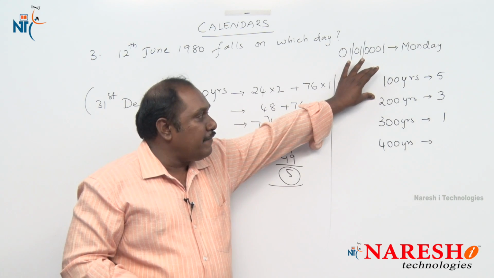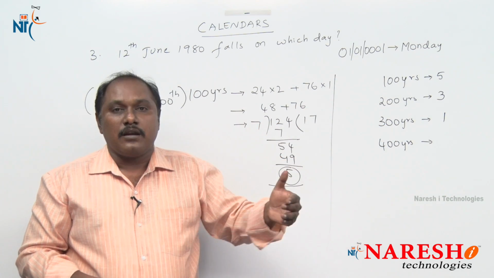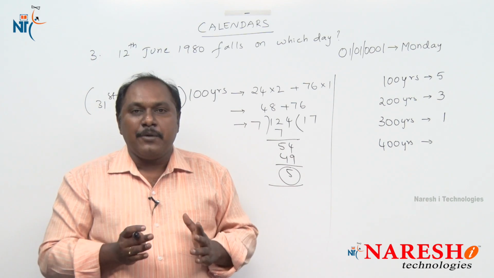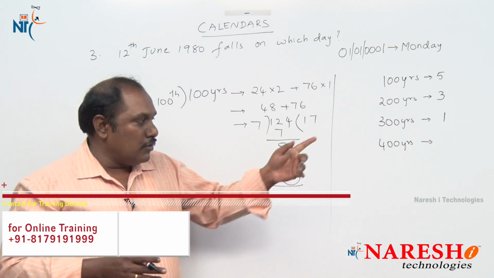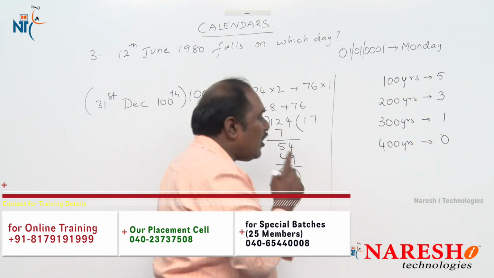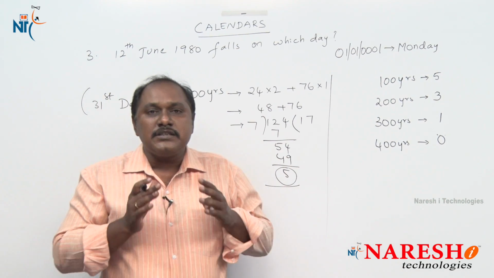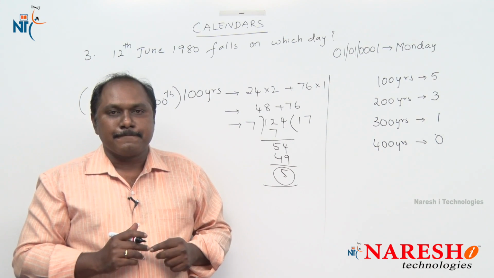So 400 years should have 20 odd days plus 1, so totally it comes to 21. All 21 days we can make into weeks. So 400 years will have 0 odd days. So according to the calendar, 31st December of the 400th year should fall on Sunday.